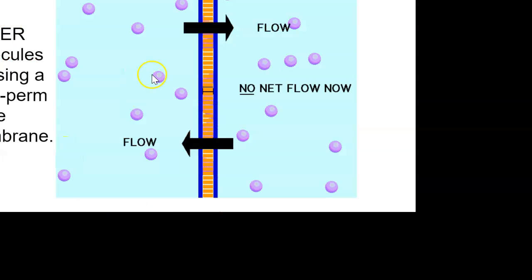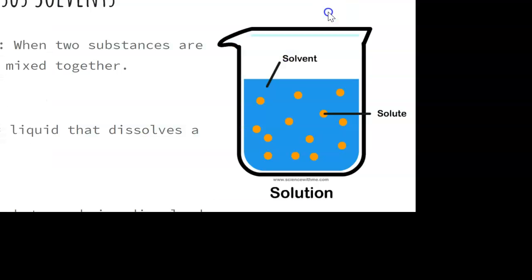So if you'll notice here, when we reach equilibrium, water molecules will flow both directions equally. So we say there's no overall change in the number of particles. They're already at equilibrium, so there's no net or overall flow difference.